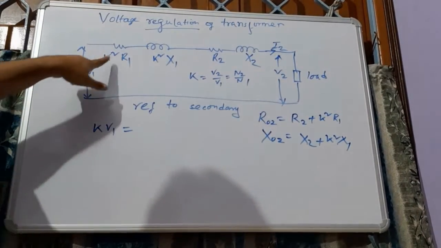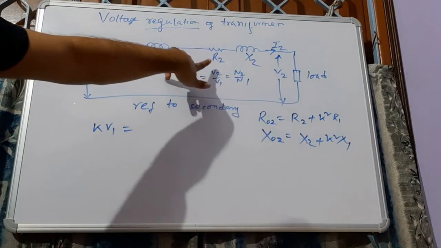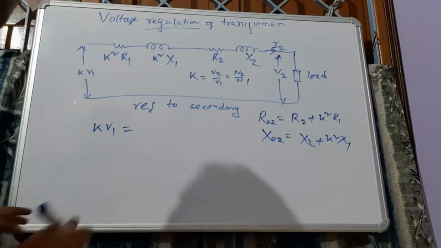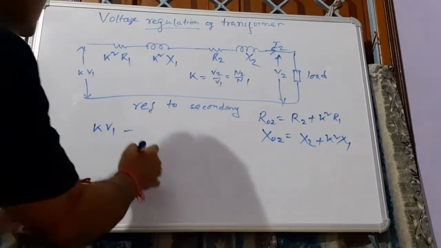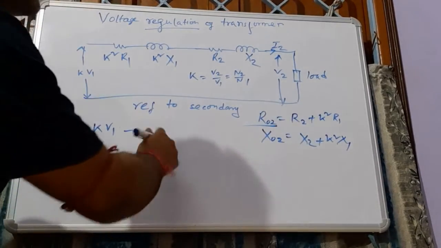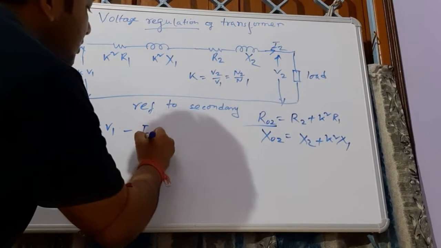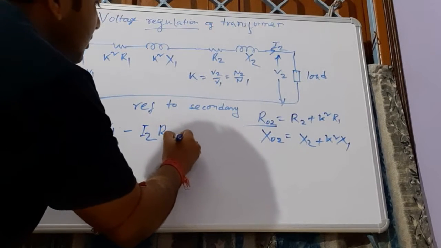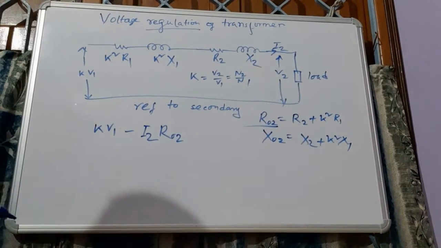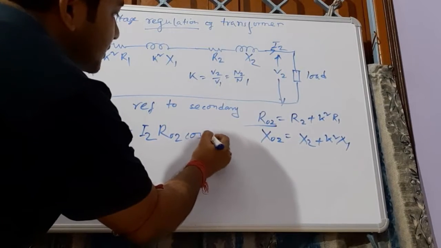Now I am writing this KV1 minus resistance drop. Resistance drop is this R into I2, so I2 R02 cos phi.